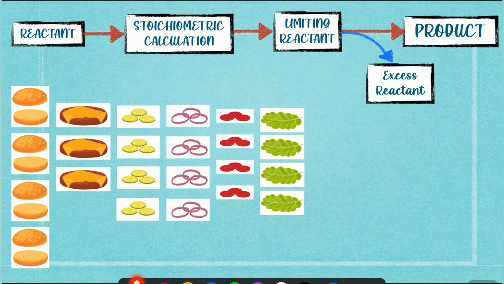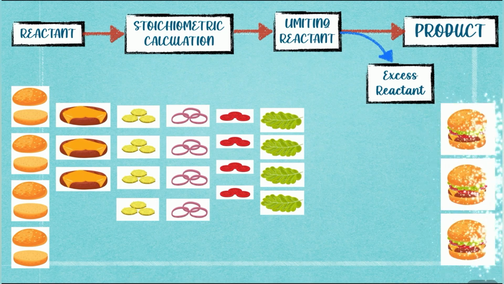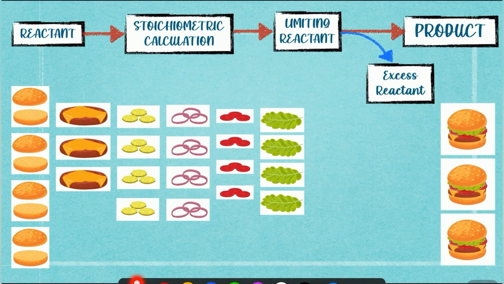So these are the reactants. All these ingredients are the reactants. So how many burgers can be produced from these ingredients? Only 3 burgers can be produced.